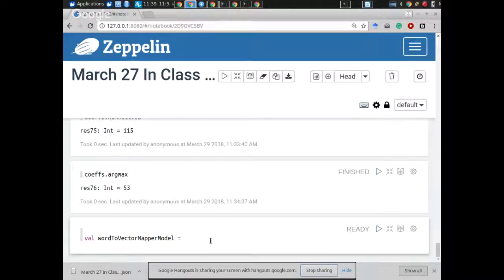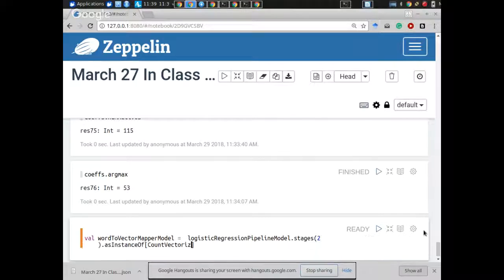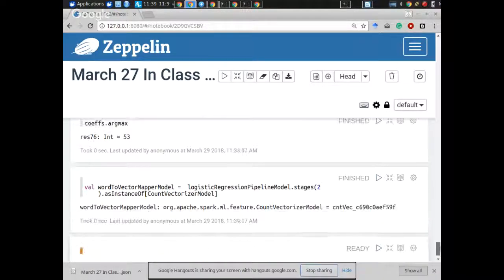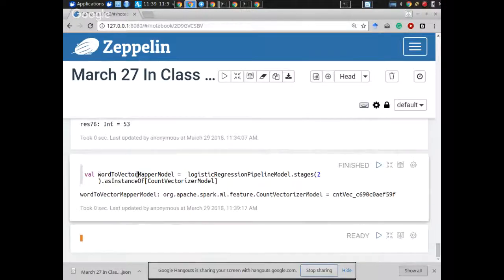But here, we're going to be looking at what stage of it? Stage 2, the preceding stage. It's the vectorizer component of it. And we're going to get that as an instance of CountVectorizerModel. Okay. And now we're going to be able to work with that.